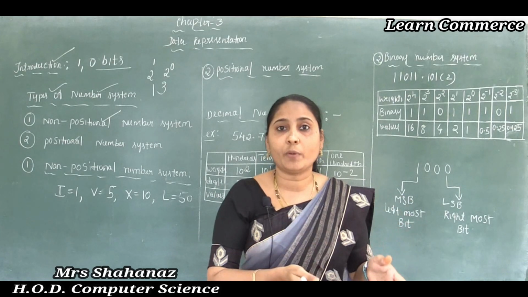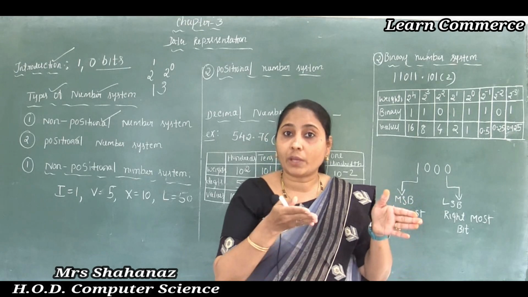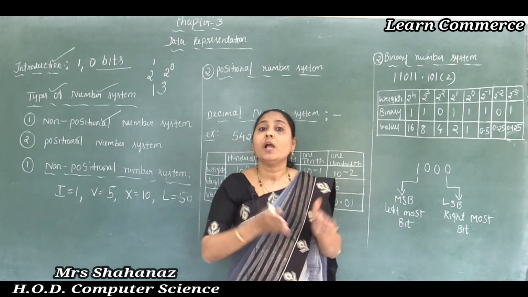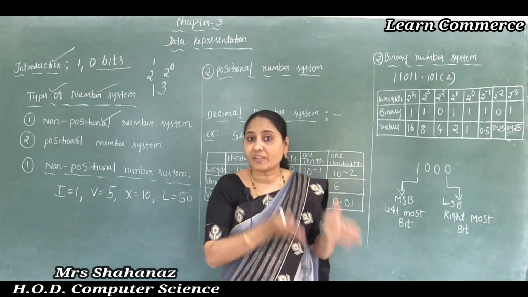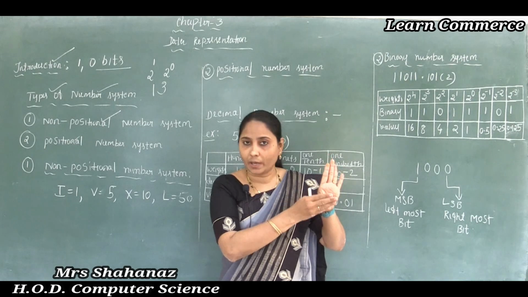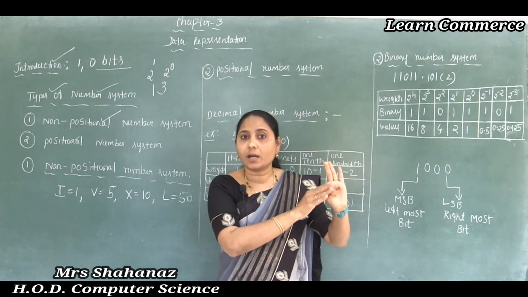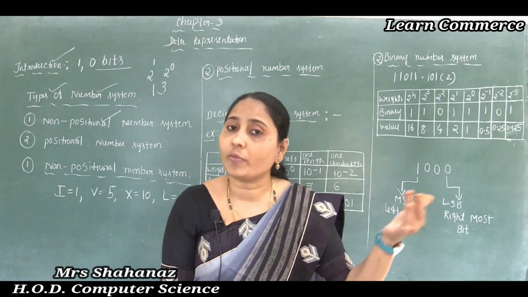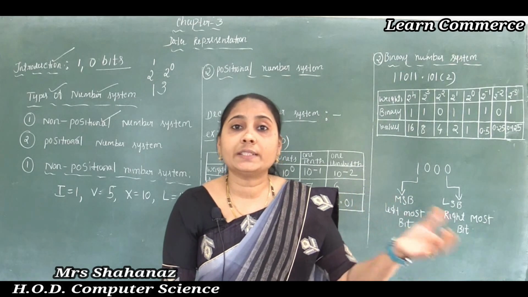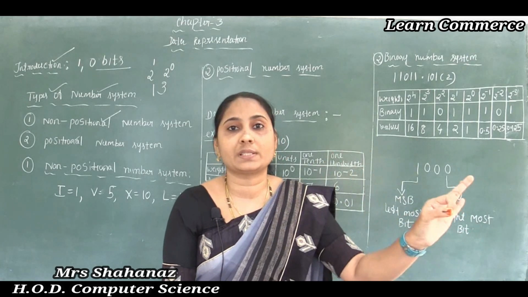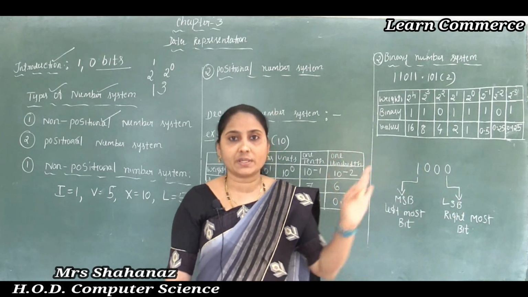So here we can say that in olden days, to count any number, they used these things. They especially used the stones while counting, and also the sticks, fingers, each and everything, and depending on this they could tell the numbers.